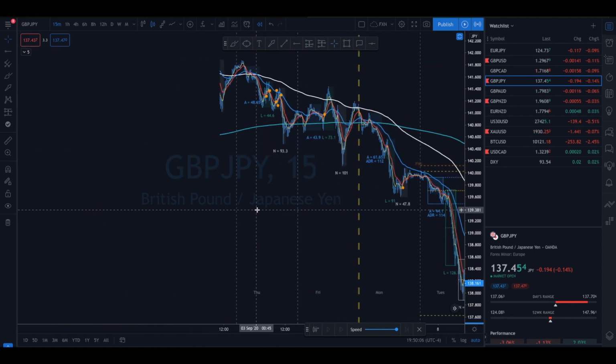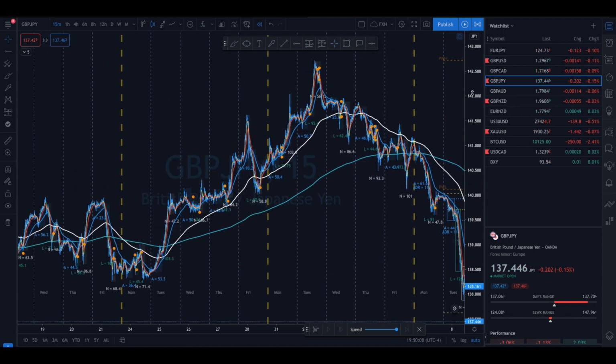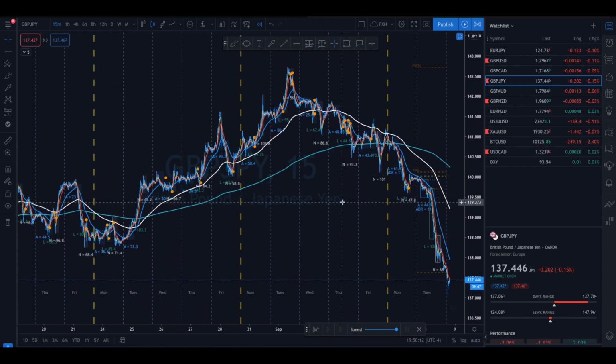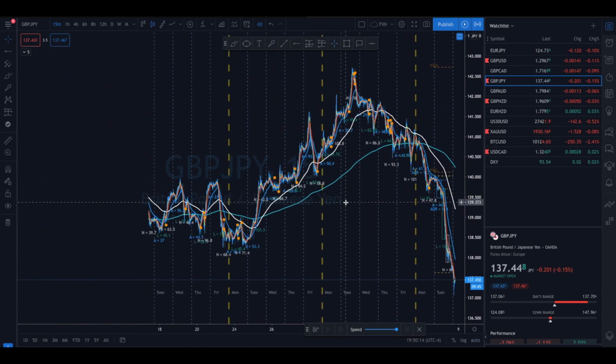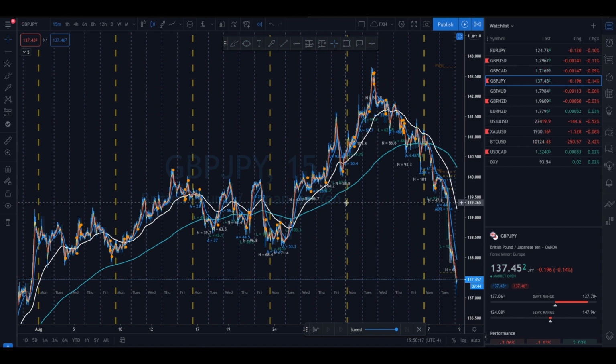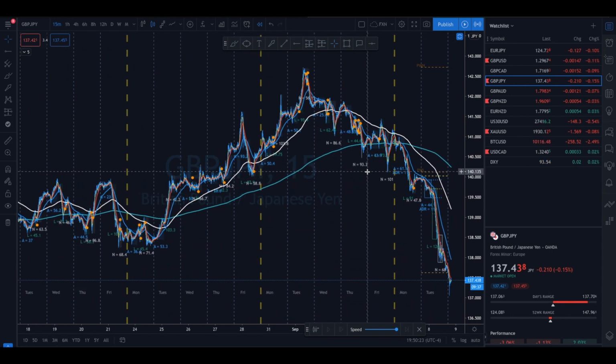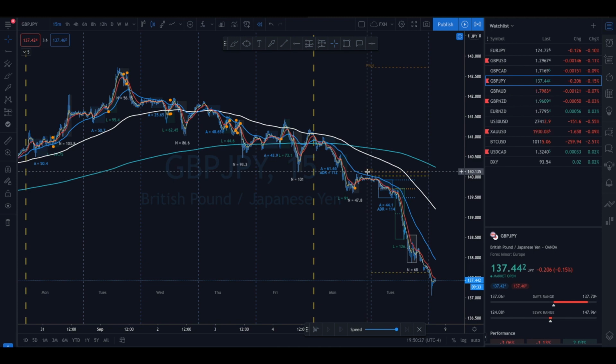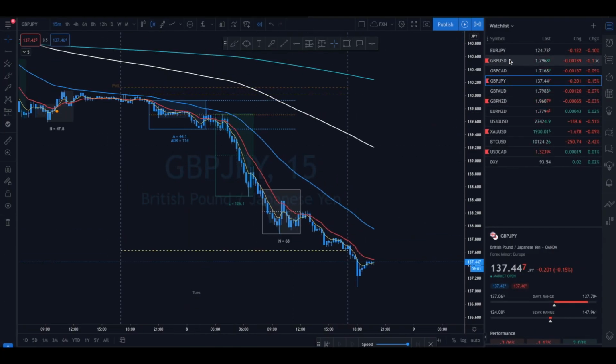These two, pound USD and pound JPY, you can see they're pretty much identical as to what they're doing. So keep that in mind when you're looking at pound USD, pound JPY right now. They look pretty identical, so you could expect very similar patterns to happen on both of these pairs. Okay, so same thing, pound USD, pound JPY, type 3 setups.